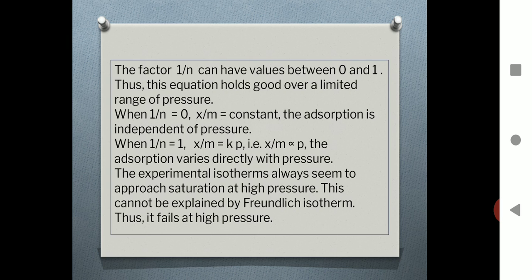Now this could not be explained by Freundlich isotherm, though it was later on explained by another scientist, Langmuir, in his isotherm, and Langmuir took into consideration the kinetic theory of molecular gases, and with the help of that he had explained the behavior of the gases, how the extent of adsorption varies with pressure both at low as well as high pressures.